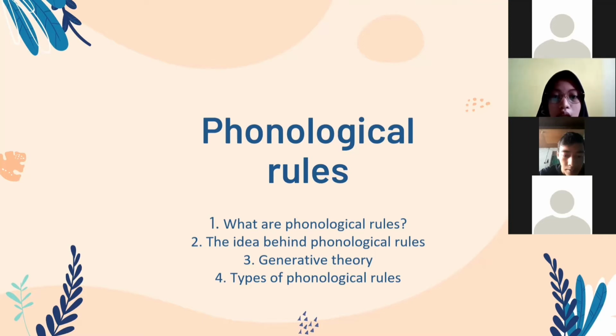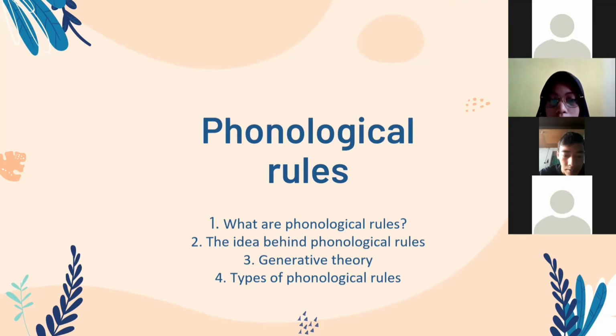Number two, the idea behind phonological rules. Generative phonologists who have worked extensively with phonological rules work on the basic assumption that every speaker has a mental collection full of abstract entries of phonological form in his or her head.